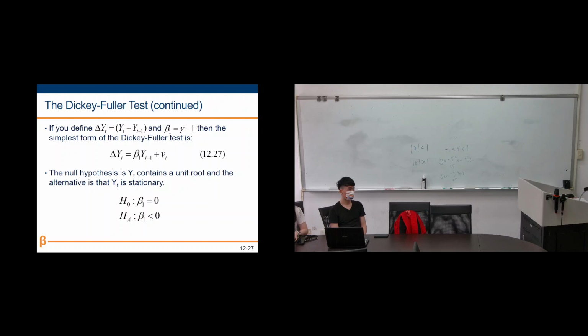So if we reject the null hypothesis, it means this is stationary, right? Otherwise this is non-stationary. So we want to reject the null hypothesis in order to infer that we do have stationary variables. Does that make sense?